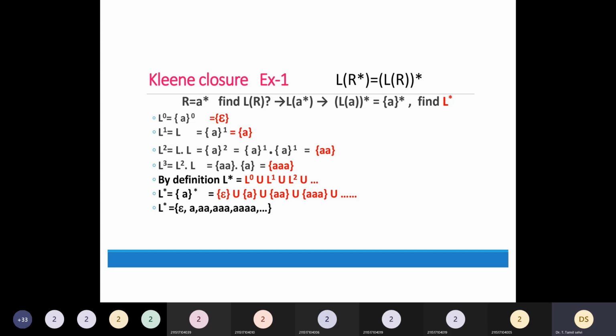If it is a power 2, you will be getting aa. If it is 3, you will be getting aaa. If it is 4, you will be getting 4 continuous a's, etc. So finally you have to perform the union on all the languages, that is L power 0 union L power 1 union L power 2 union L power 3, etc. You have to perform the union operation on all the languages. So this is the closure operator.